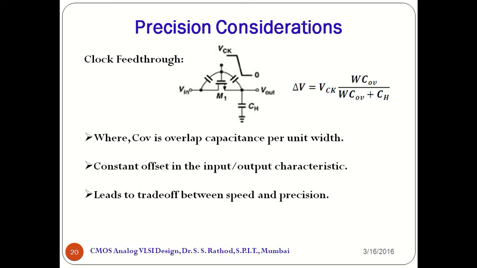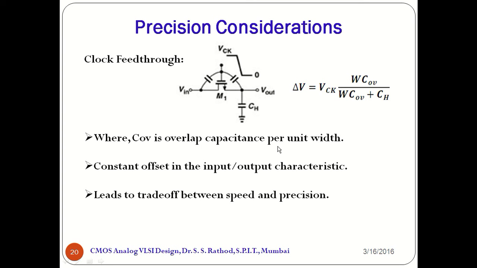Now let us study another mechanism which introduces an error into the output voltage. That is nothing but the clock feedthrough. Now we feed the clock to the gate and we assume that there is no effect of this clock onto the source and drain. However, it is not true because there is an overlap between gate and source, and gate and drain. This overlap creates a capacitance called the overlap capacitance COV at the source as well as at the drain side.